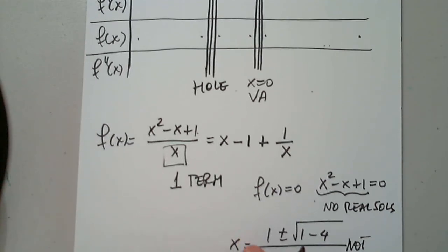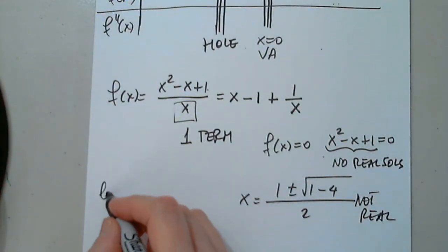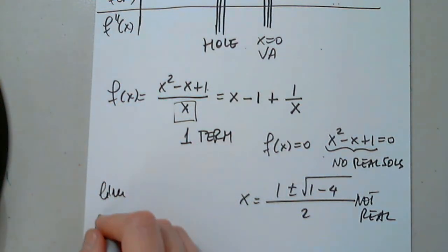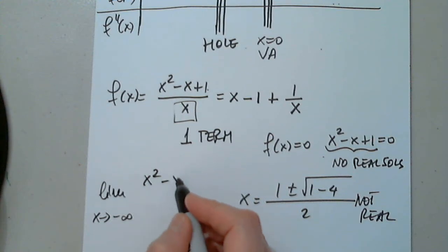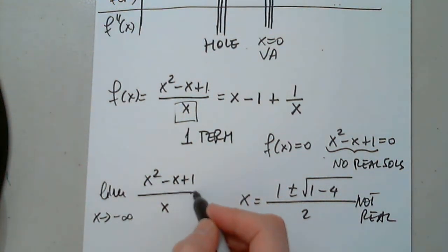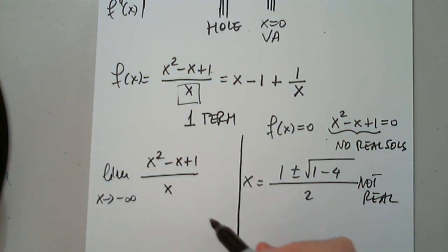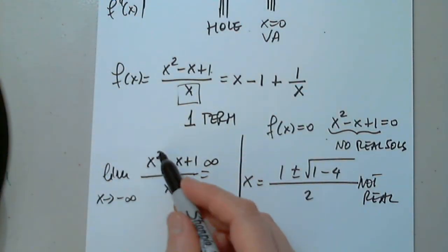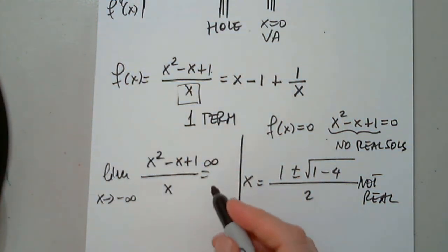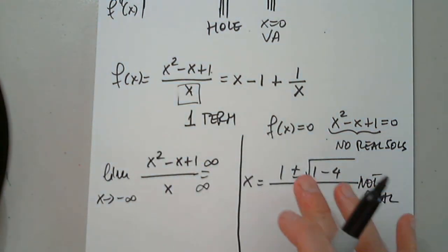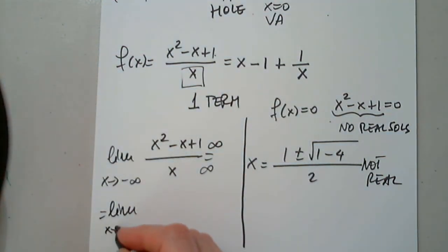Good. So let's use the limit. Let's start with -infinity. X approaches -infinity from x squared minus x plus 1 over x. We know where the numerator is going, infinity, because this dictates. It's L'Hopital's rule, cannot be difficult.